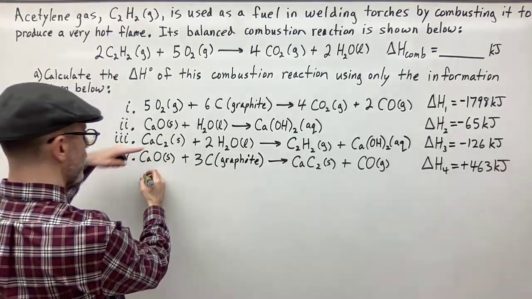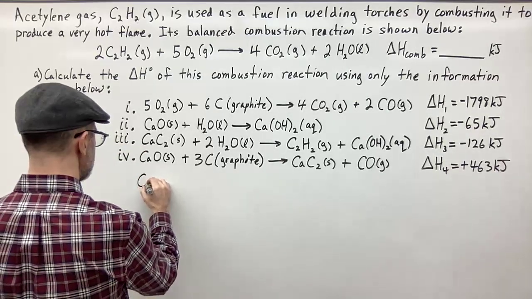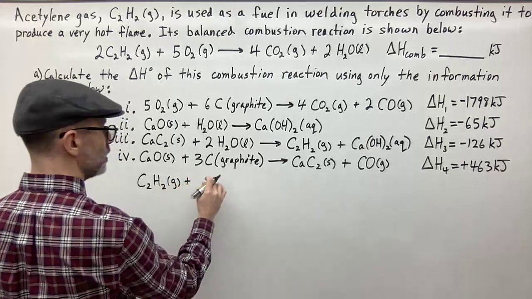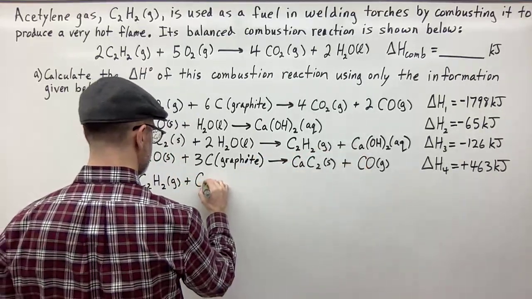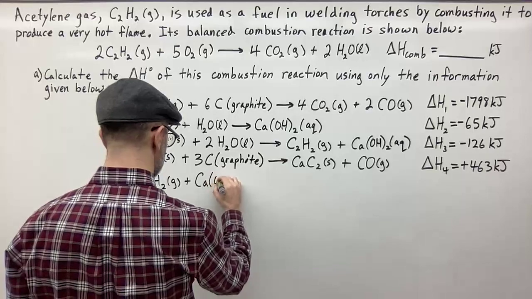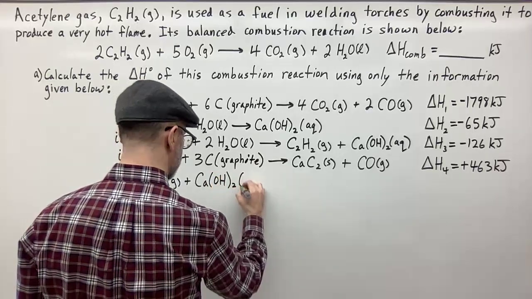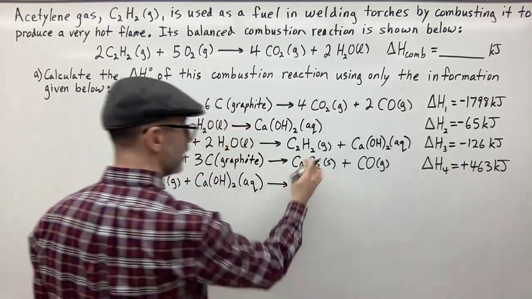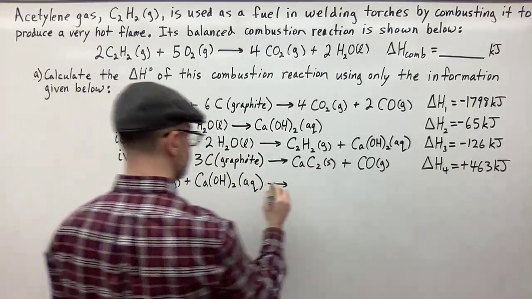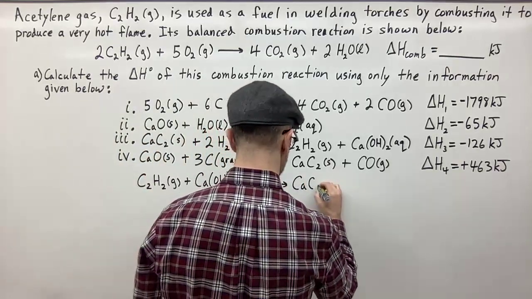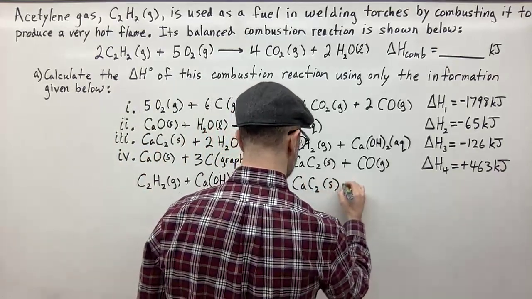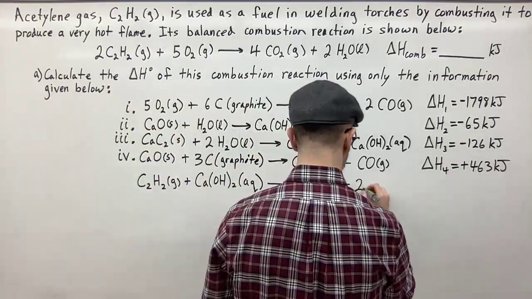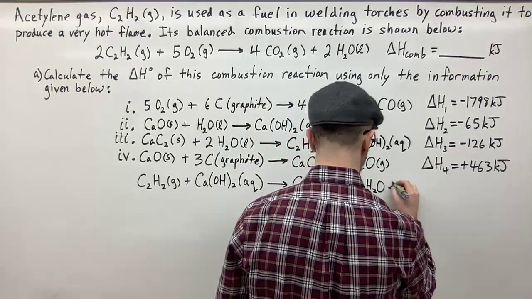So number 3 becomes C2H2 gas plus Ca(OH)2 aqueous gives us CaC2 solid plus 2H2O liquid.